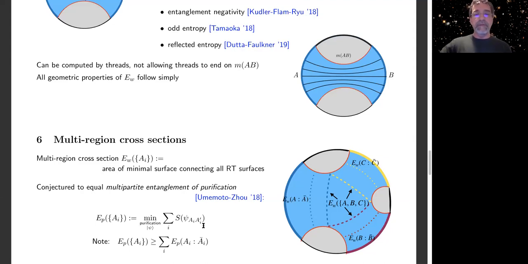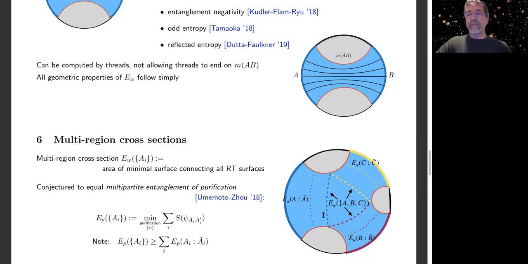And it's pretty easy to show from the quantum mechanics side that this multipartite entanglement of purification is bounded below by the sum of the bipartite entanglement of purifications. And that is also true geometrically.